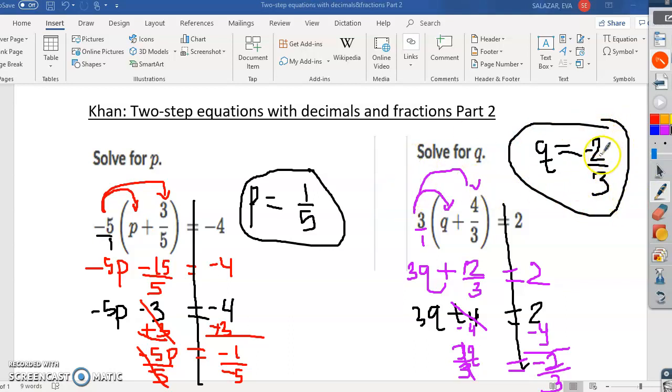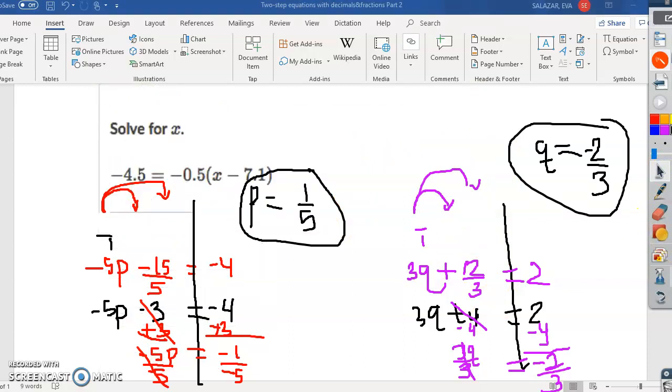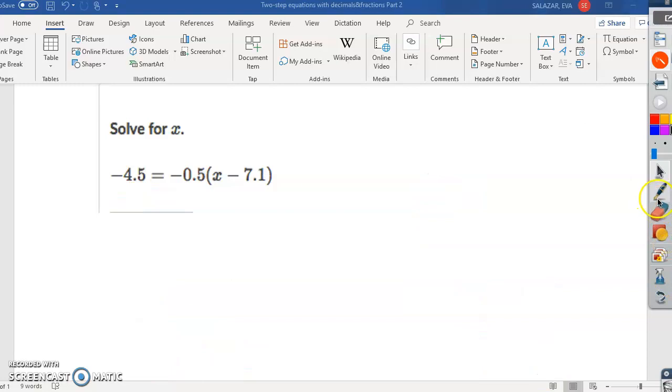Again, you're more than welcome to check your solution by plugging it in here, substituting that q for the negative 2/3, solving inside the parentheses first. Then you will multiply by 3, and that should give you a positive 2 as your final answer. So it balances.